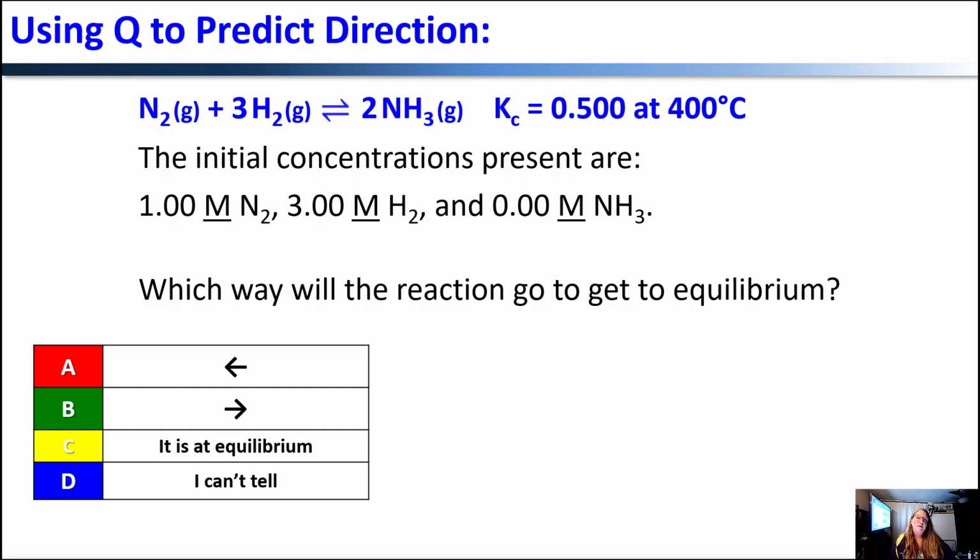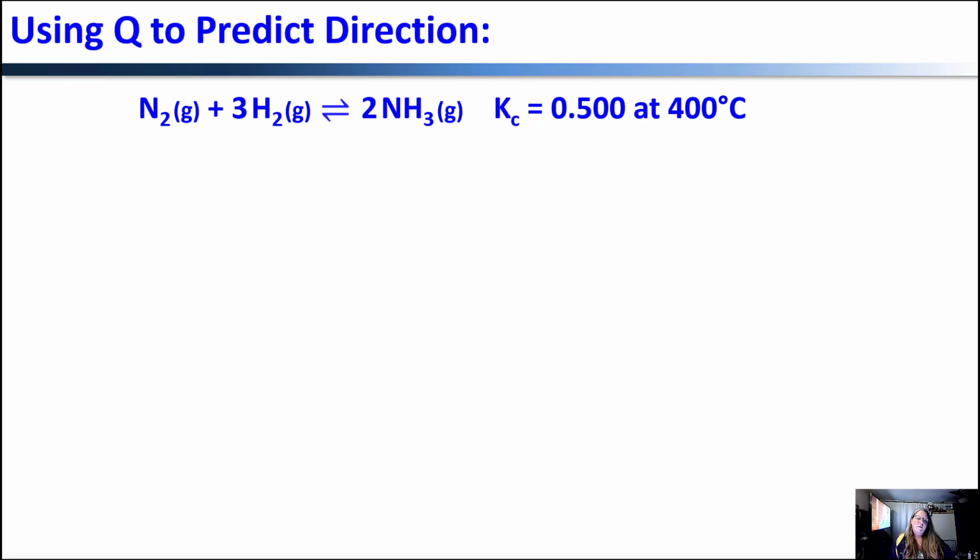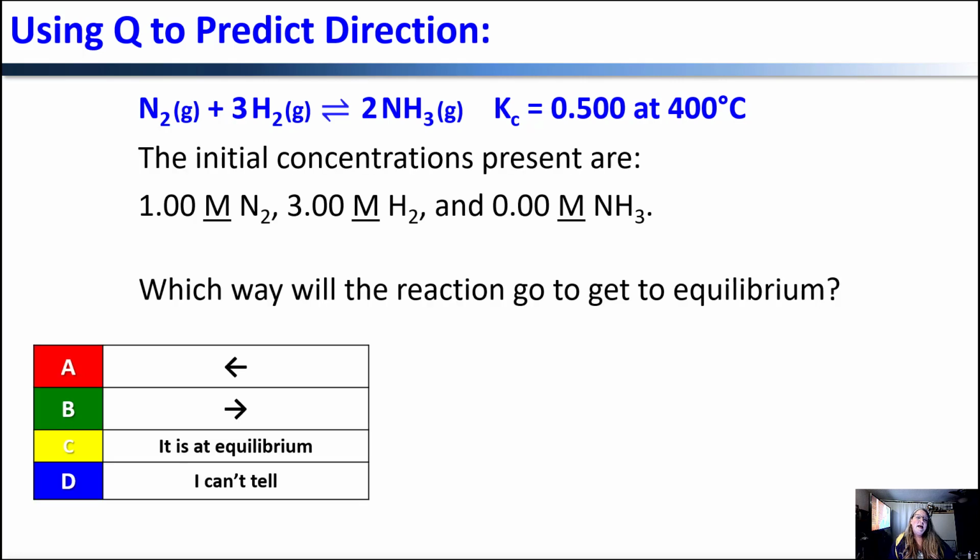Is it going to go to the right, to the left, is it at equilibrium, or can't you tell? If I have started off with nothing of my product, then of course it's got to go to the right, otherwise you have no reaction. If you're starting off with nothing of something, then it's definitely going in that direction. In this case it would be going towards ammonia. We haven't made any yet.